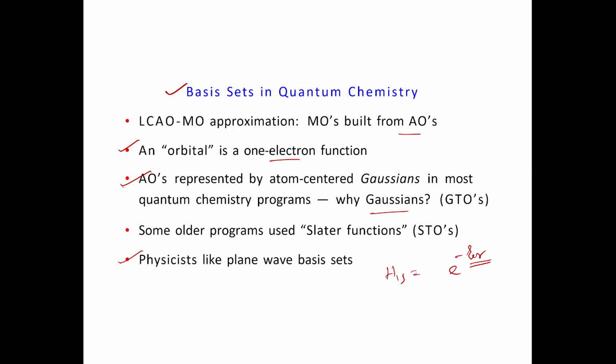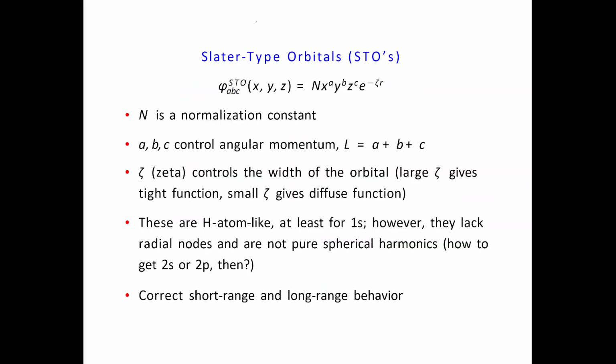If you want to solve for a lattice, which is periodic, plane wave basis sets are used, which is e to the power ikr. We'll not go into this, but some older programs use Slater functions. They describe atomic orbitals very well, but there are certain problems in calculating the integrals, which I'll come to in a minute.